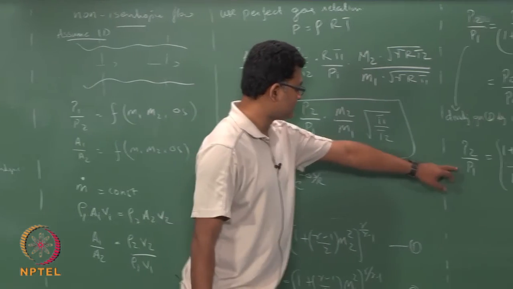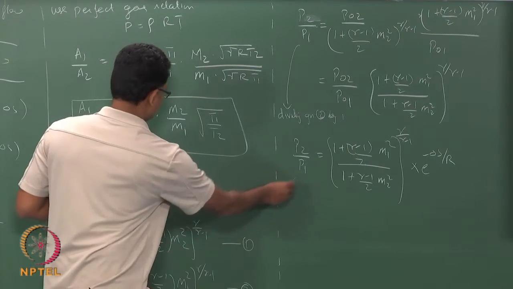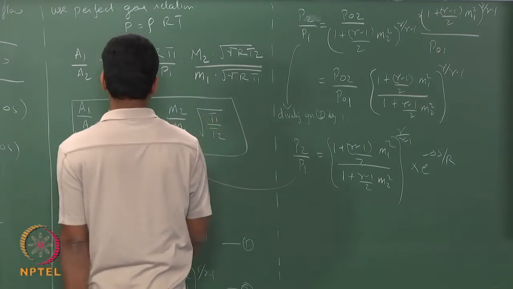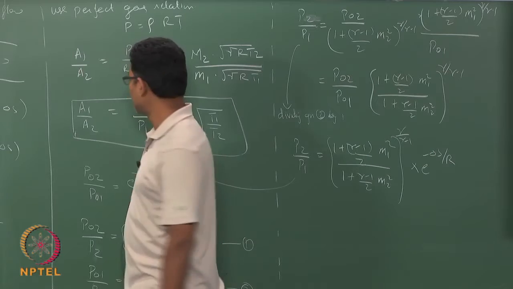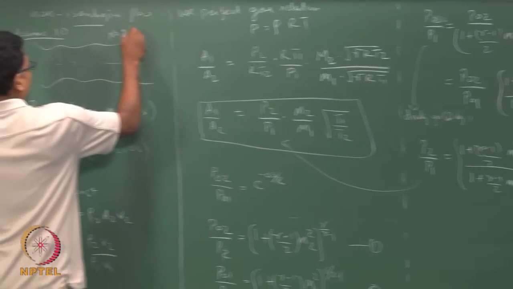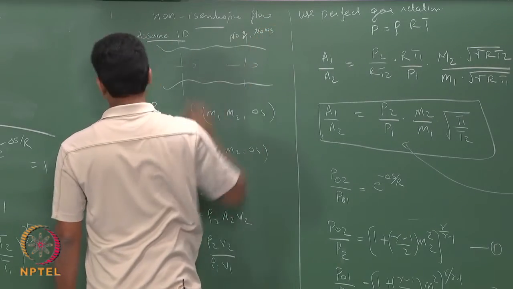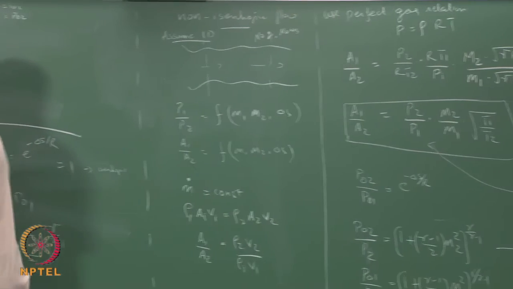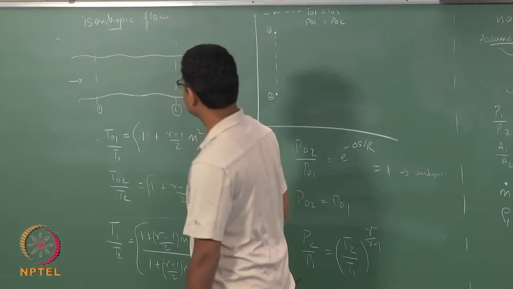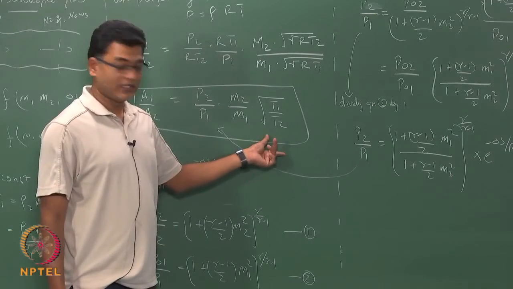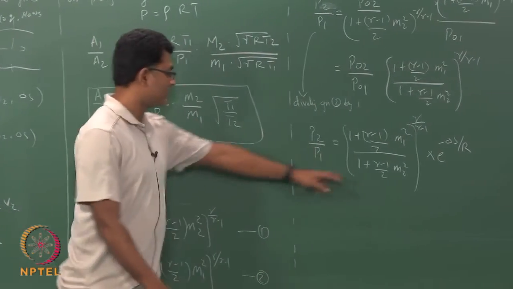Now, I substitute this into this. T1 and T2 anyway I can get from that relation. Okay. So, there is no Q, no Ws. So, T1 by T2 is this equation, which you have obtained using the isentropic relation, but for P1 by P2 there is an irreversibility and hence you have to use this equation.